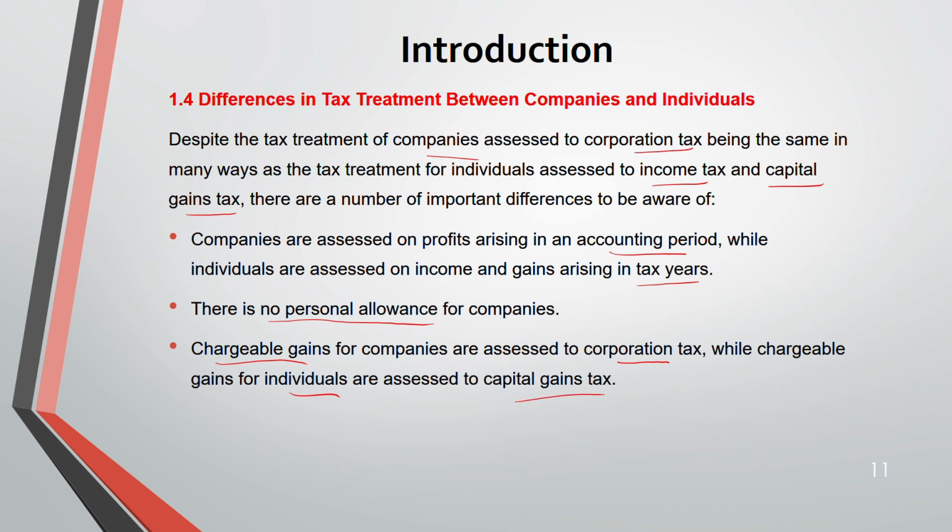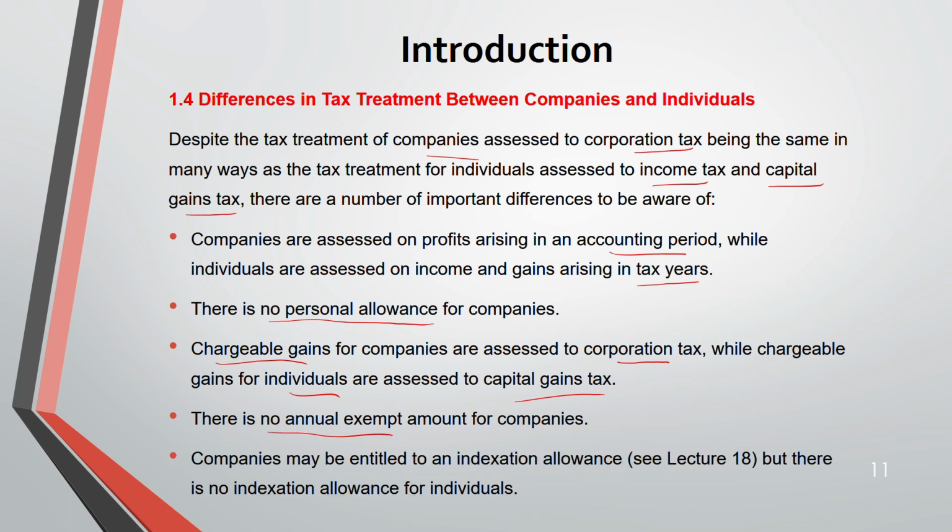We have finished the individual part, from lecture 12 to 15. Now we will be working on the chargeable gains for companies part. No annual exempt amount for companies. No personal allowance, no exempt amount also. Now, companies are entitled to one thing that individuals are not entitled to, that is indexation allowance. This will be covered in lecture 18.